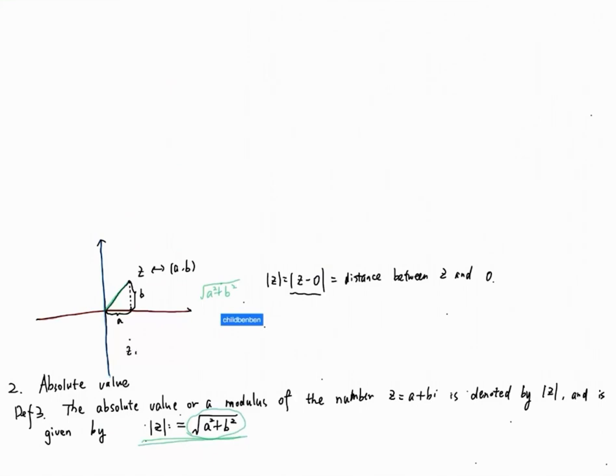For example, this is z1, this is z2, and this is a line segment. Then we have the distance between z1 and z2 equals the absolute value of z1 minus z2.